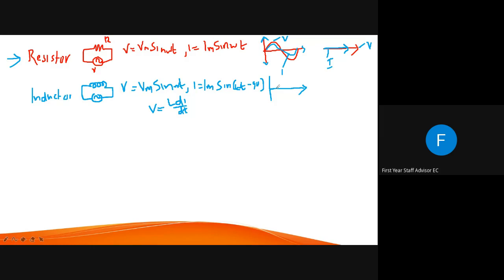Suppose this is current, I can draw it like this.